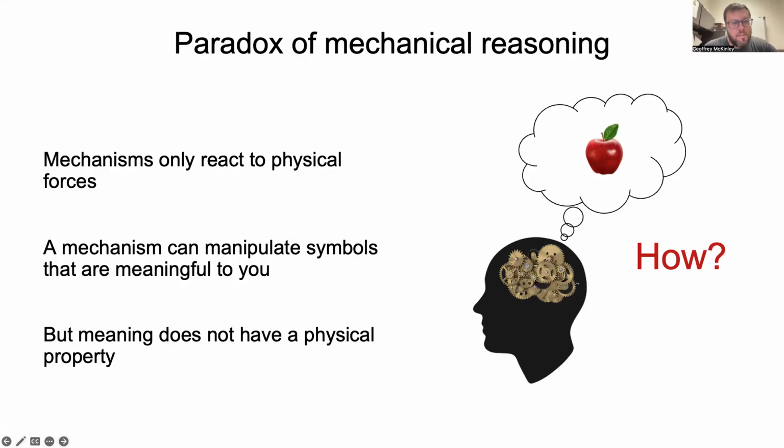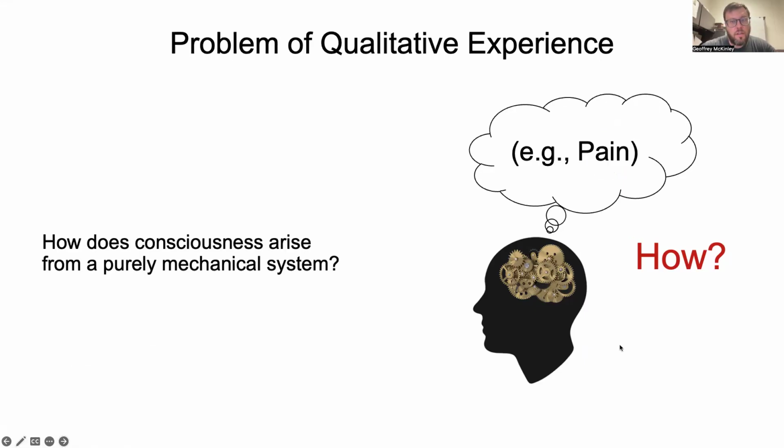So how do these cogs, so to speak, in this guy's head lead to the idea of an apple? This is related to another philosophical problem, the problem of qualitative experience.